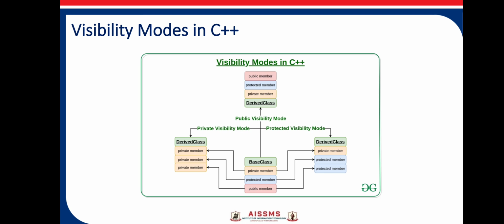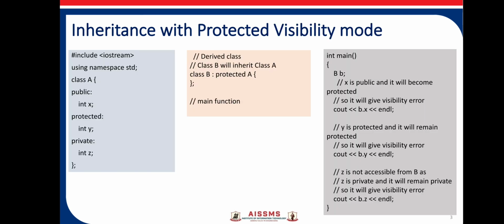So by considering inheritance, this is the example. Suppose a base class is A, in which we declare three data members: first int x as public, then int y as protected, and int z as private.